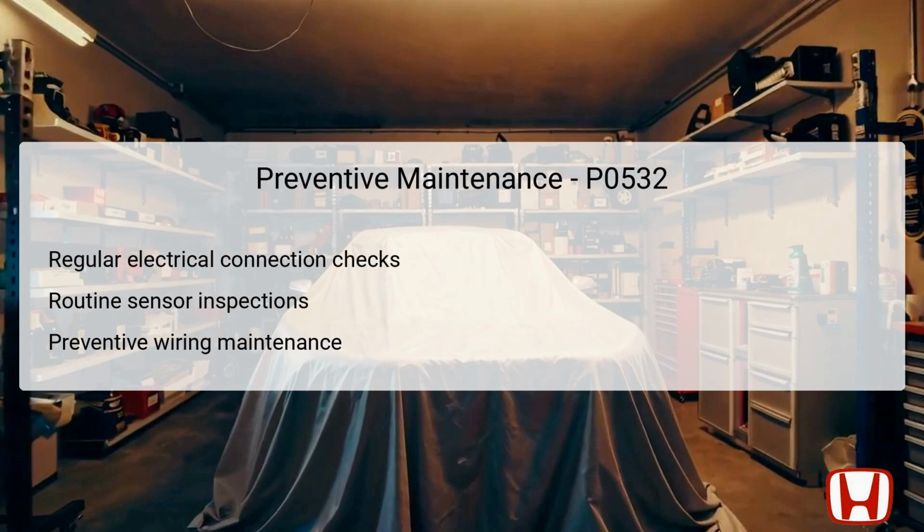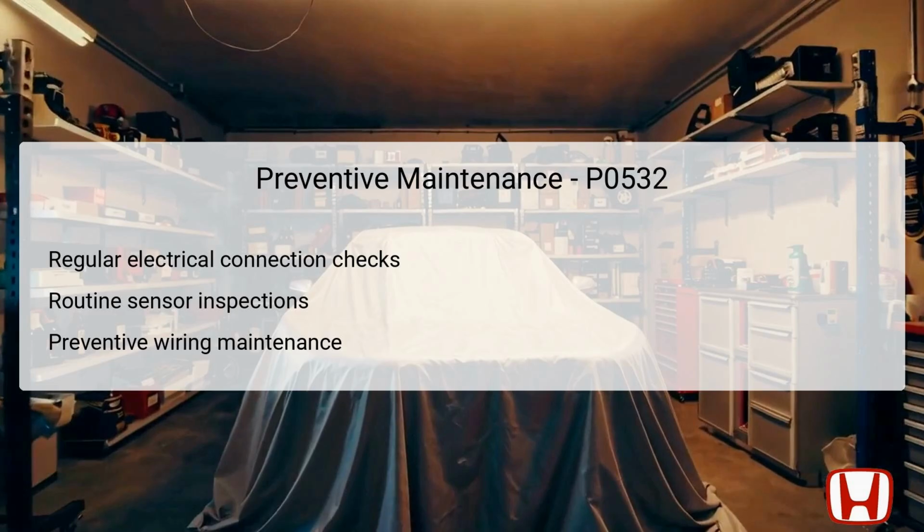Engaging in preventive maintenance can significantly reduce the likelihood of encountering DTC P0532 in the future. Regularly inspect electrical connections associated with the AC pressure sensor, as loose or corroded terminals can lead to malfunctions.